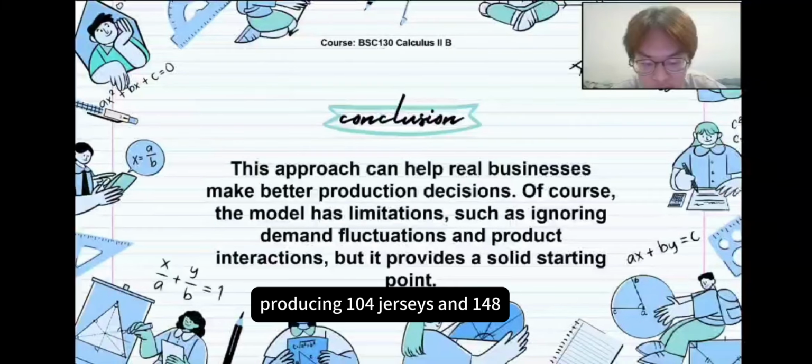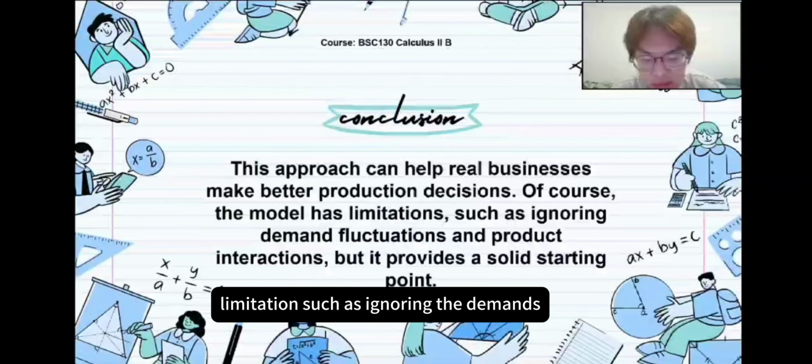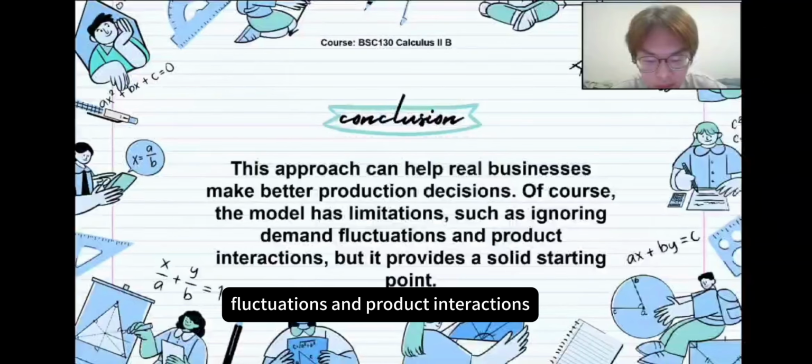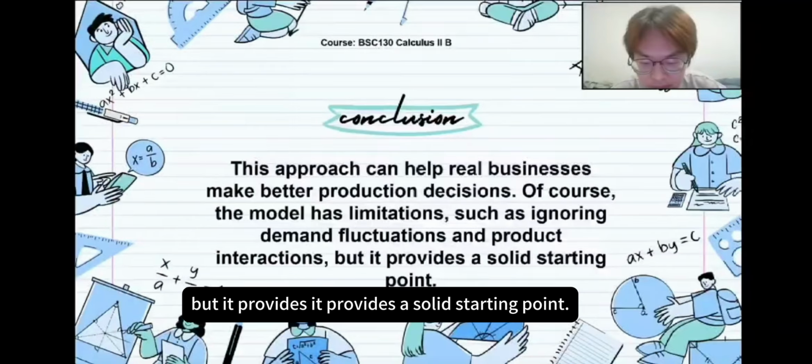This approach can help real businesses make better production decisions. Of course, this model has limitations such as ignoring demand fluctuations and product interactions, but it provides a solid starting point.